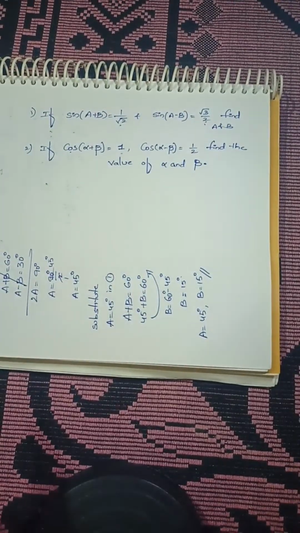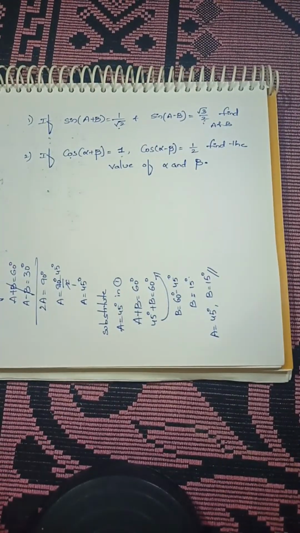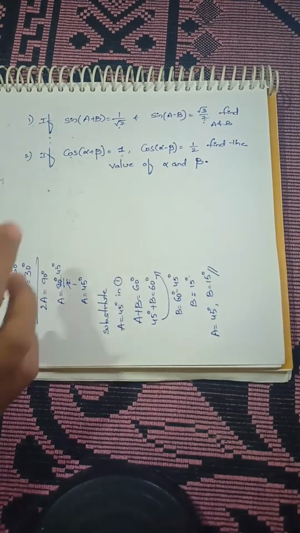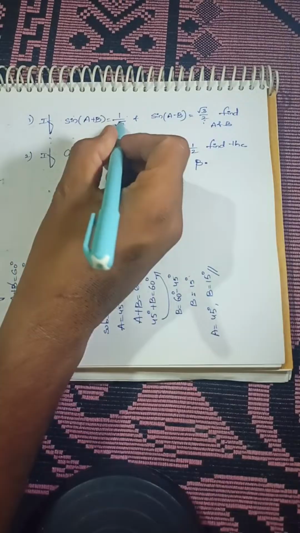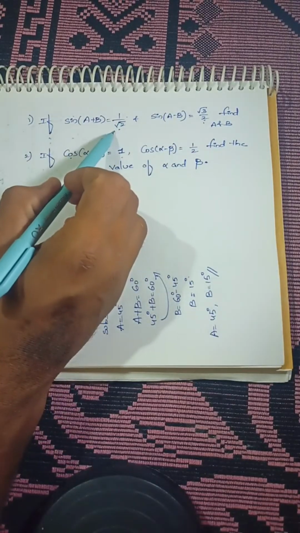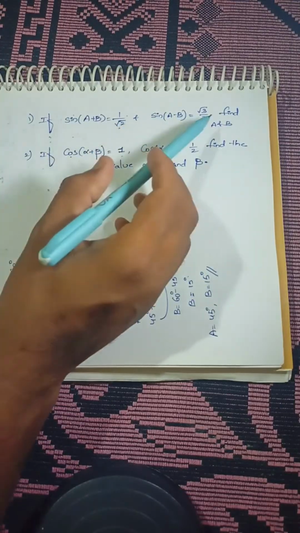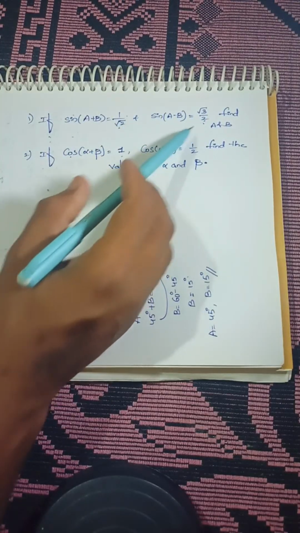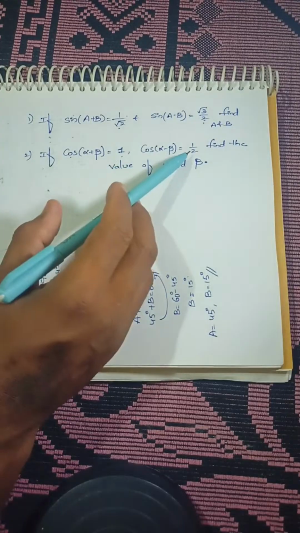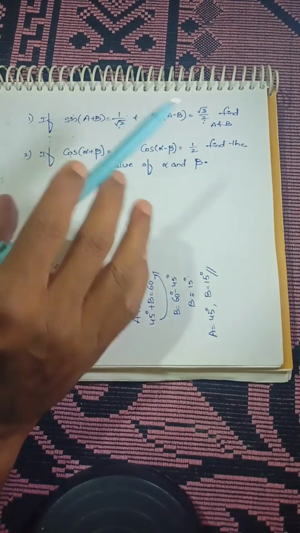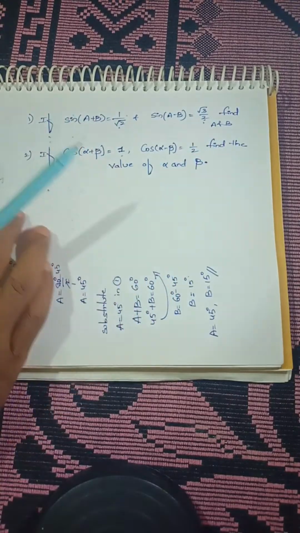Please note down these two questions, and try to do them yourself in the same method how I did the tan value. But here you have to see the sine trigonometric table. Here you have to see sine 45 degrees, you are getting 1 by root 2. Sine 60 degrees, here cos 90 degrees, cos 45 degrees. So according to this, you substitute the values. I'm keeping 2 minutes.